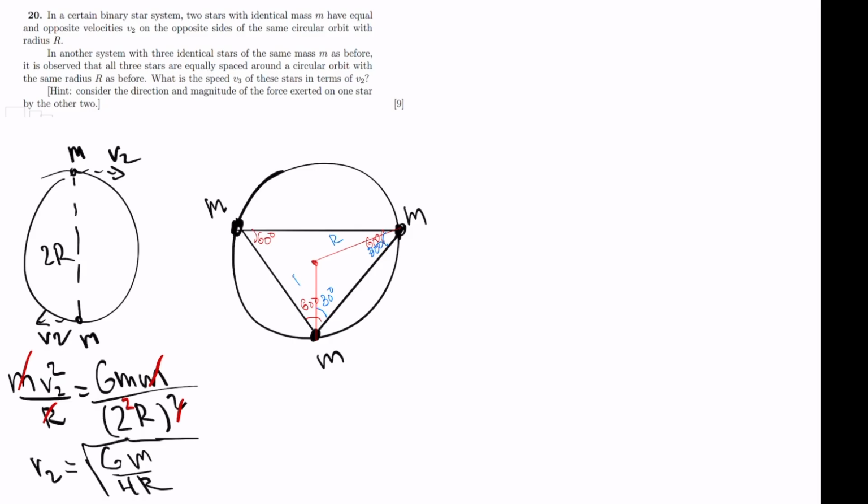This one here is r, this one here is r. So if I was to drop the height of this triangle, we've got a 60, 90, 30 degree triangle.